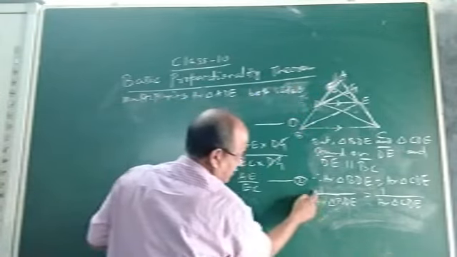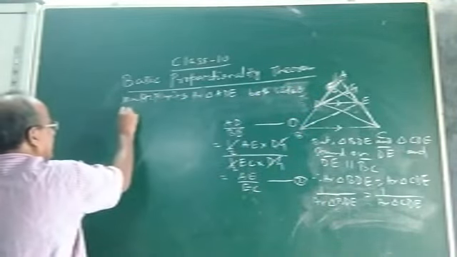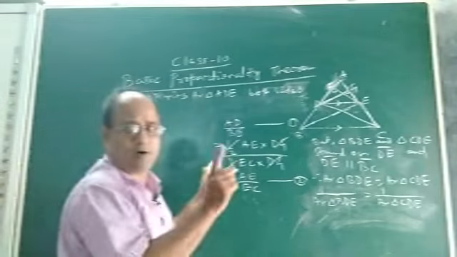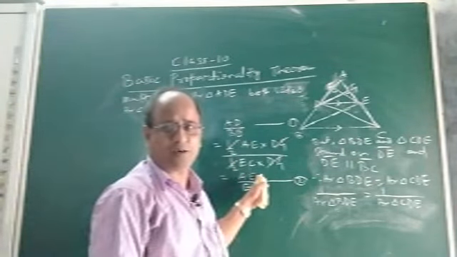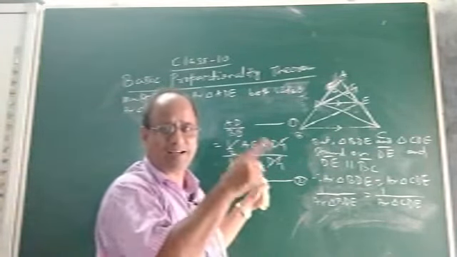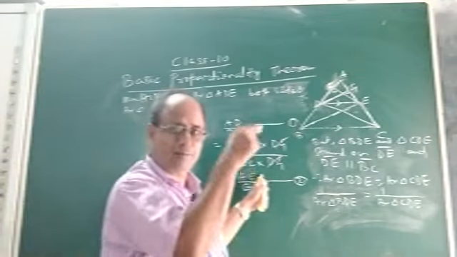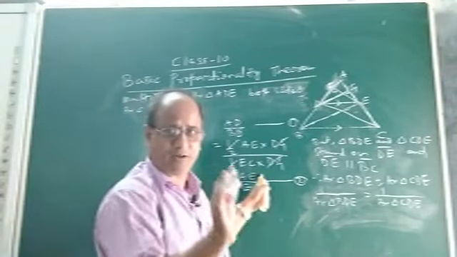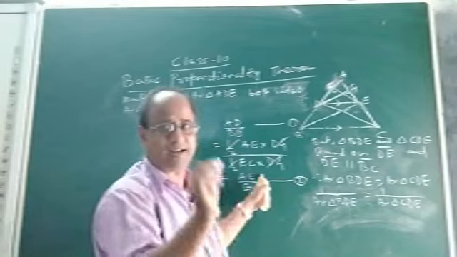Because what is our aim? Our aim is to make the left hand side of both the equations same. That is, area triangle ADE by BDE equals area triangle ADE by CDE.